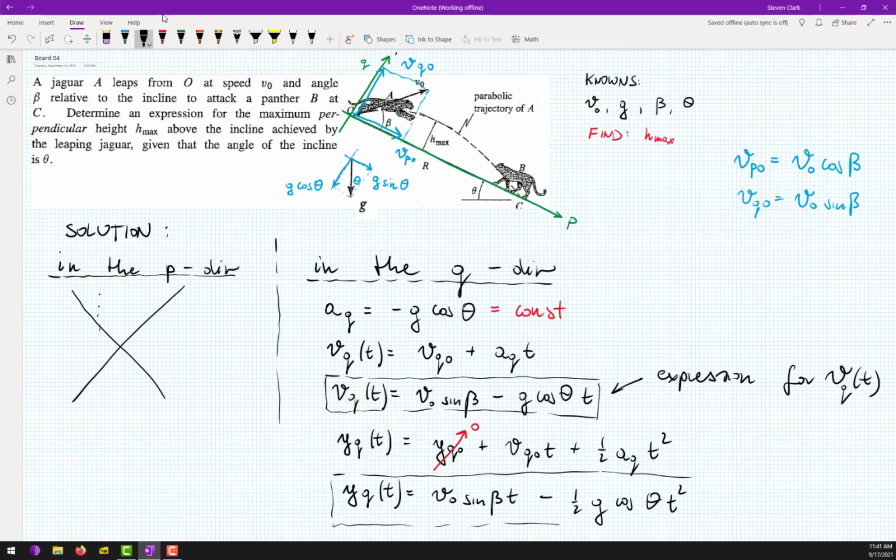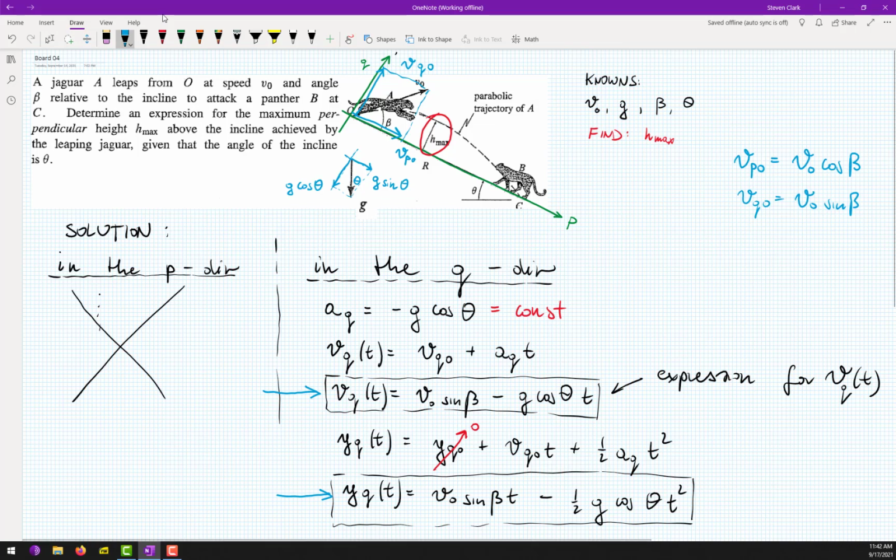We're done with our routine. Now, they ask us to find H max. Can one of you tell me how to use these two equations to find H max? VQ being 0 because it's at max. Thank you, that's the correct answer.